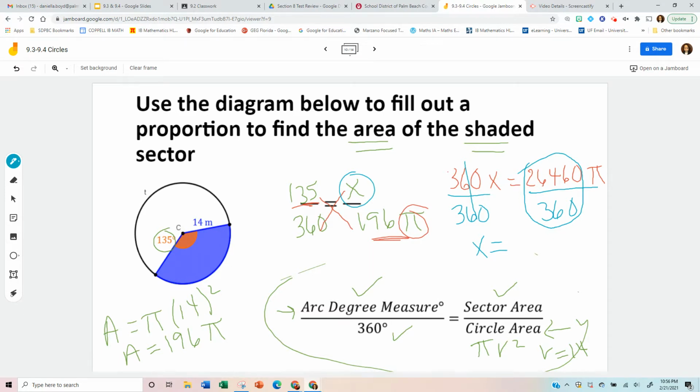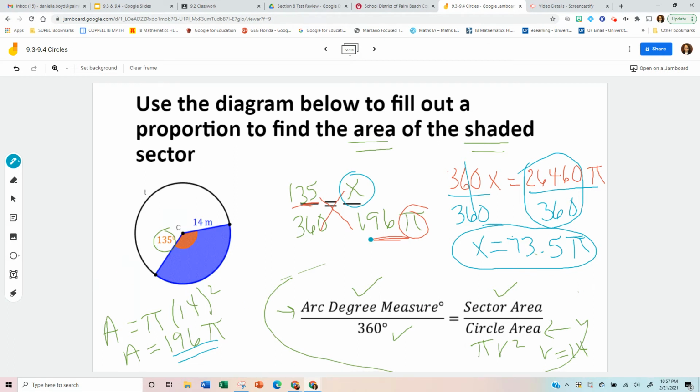When I divide 26,460 by 360, I get 73.5, and then I leave pi, and this is my final answer. And it makes sense because if my area is 196 pi, 73.5 pi is smaller and therefore it would be a piece of the entire area.